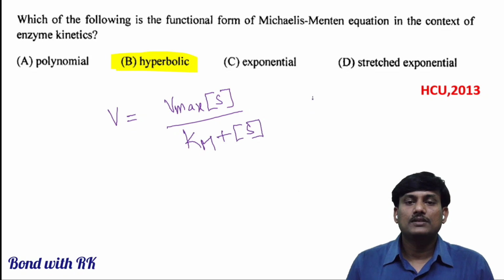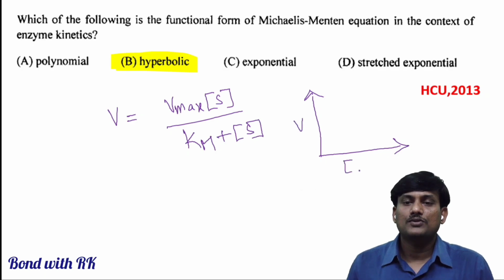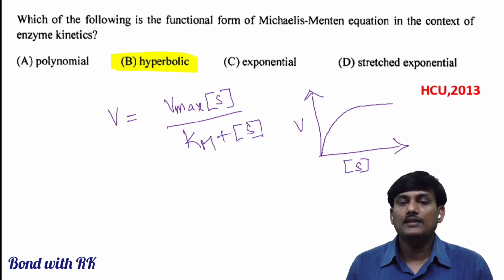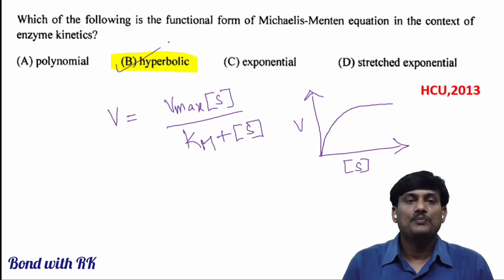When you plot the graph between rate and the concentration of substrate, you will get a hyperbolic curve. This is a graph between velocity or rate of the reaction and concentration of substrate. The curve is hyperbolic.